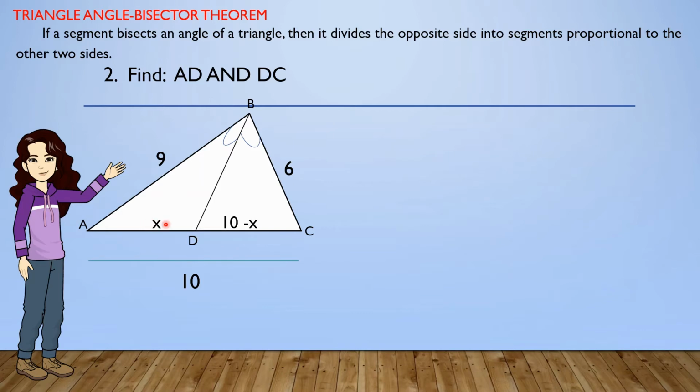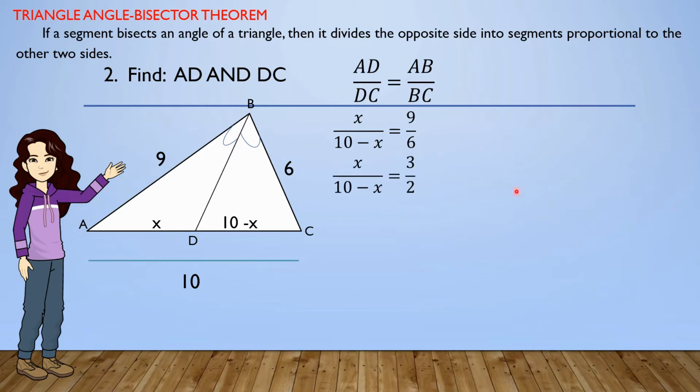So our proportional segments are AD over DC is equal to AB over BC. Let's substitute the values. AD is X, then DC is 10 minus X, is equal to AB, which is 9, over BC, which is 6.